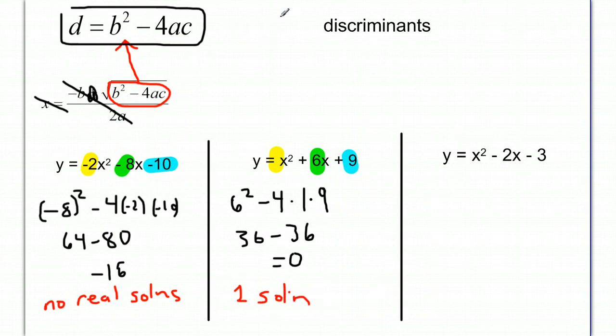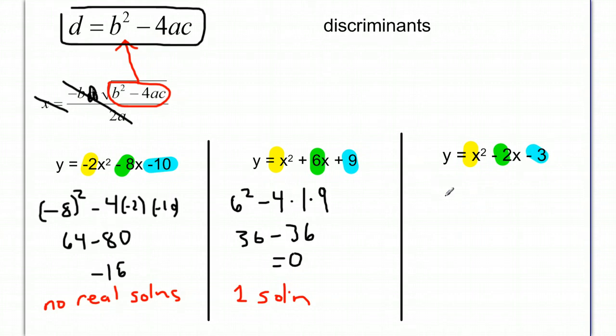And then finally this last one here, same idea with our x squared term. There's nothing out there, so a is equal to 1, b is equal to negative 2, c is equal to negative 3.